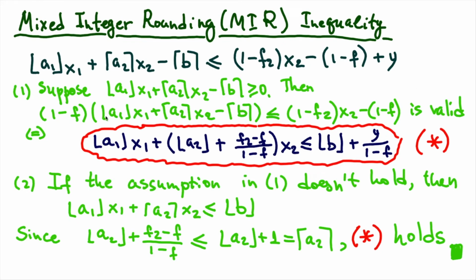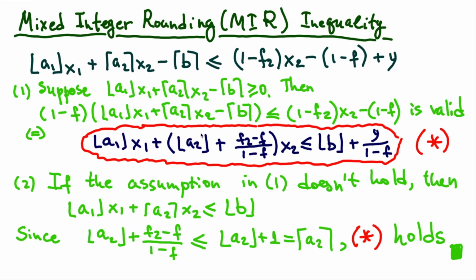And when you look at the form of this inequality, it's pretty straightforward. Whenever the fractional part of the coefficient for an integer variable is smaller than the fractional part of the right-hand side b, then we just round it down. We round down the corresponding coefficient to the closest integer.